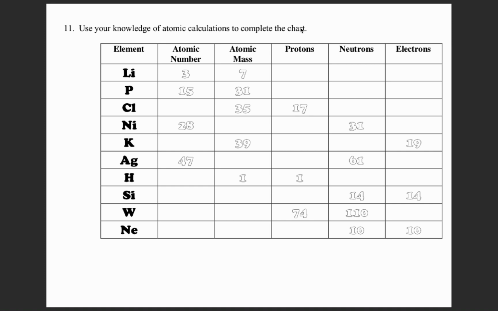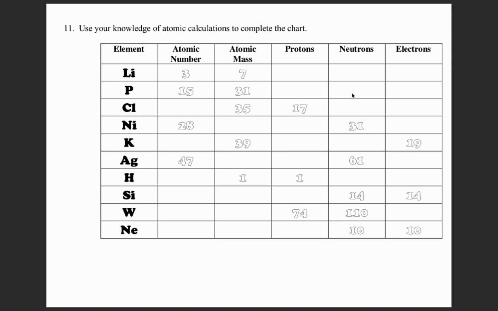I want my positives and negatives to be equal, so they'll cancel each other out. Like 15 minus 15, that gives me 0. It's no charge. And so I'm going to say 31 minus 15, and that will give me 16 for my number of neutrons.